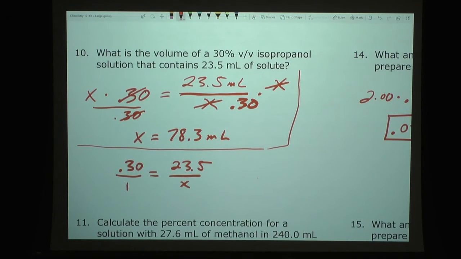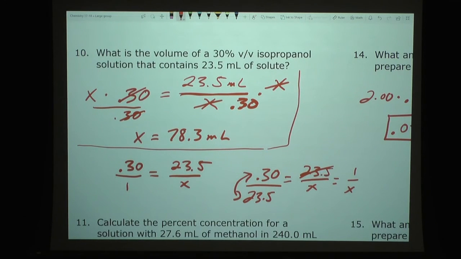I could also do this, because I see a lot of people that just want to divide by 23.5. You can do that, but you're solving for the inverse of x. So this is equal to 1 over x. So you've got to take that and find the inverse.